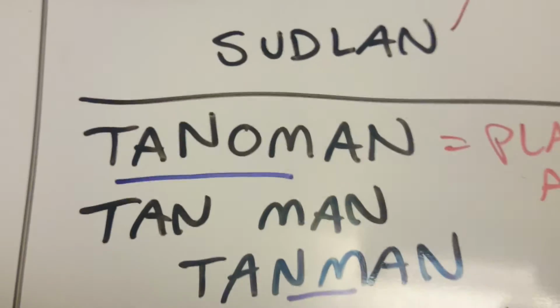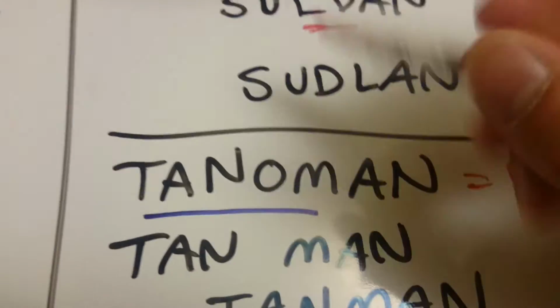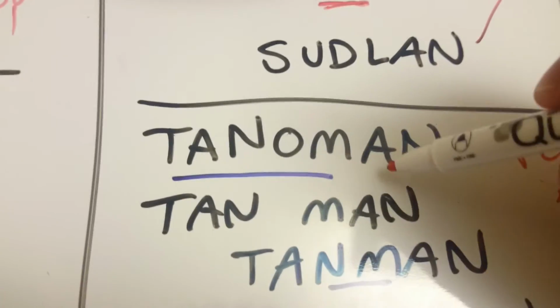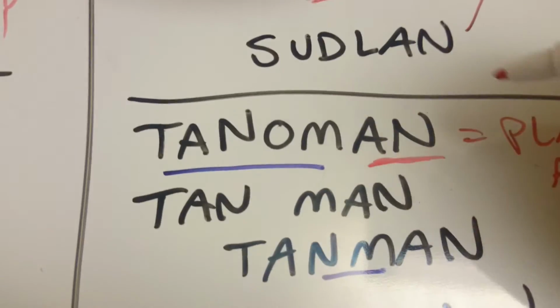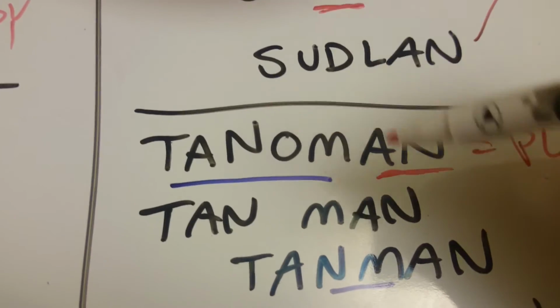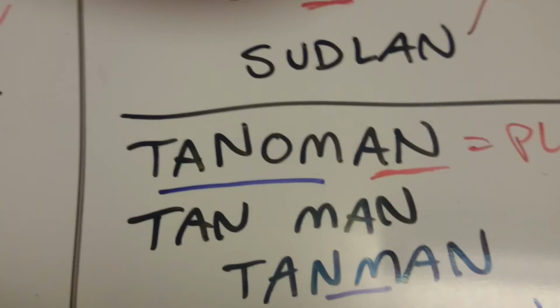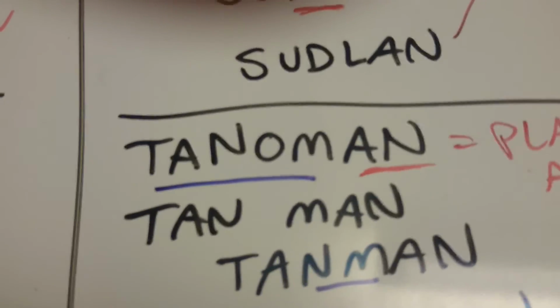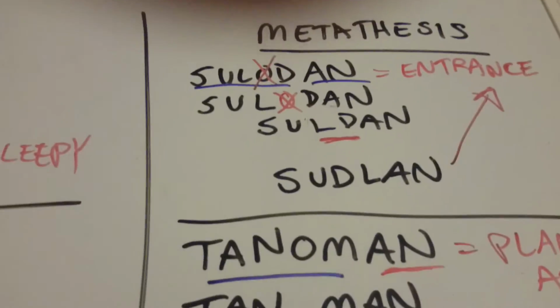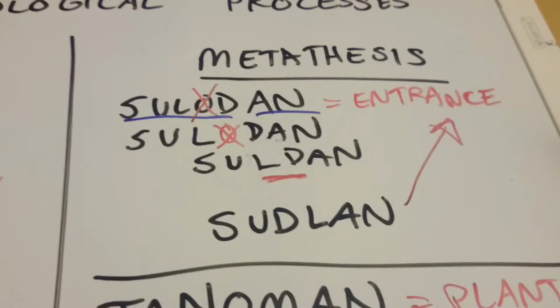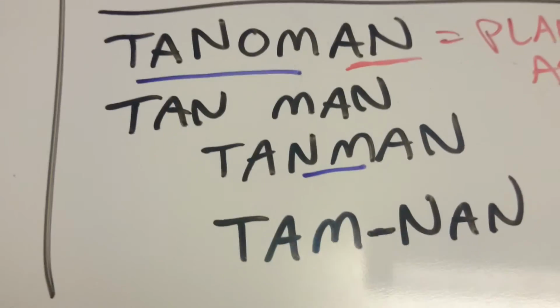Again, we go through a process called deletion. So this O in tanom, because tanom means plant, and they add this affix here. So adding an affix to some words gives a morphological process sometimes. Sometimes it doesn't. It just depends on what word it is. But the example words in this video do exhibit morphological processes, deletion and metathesis. All right?